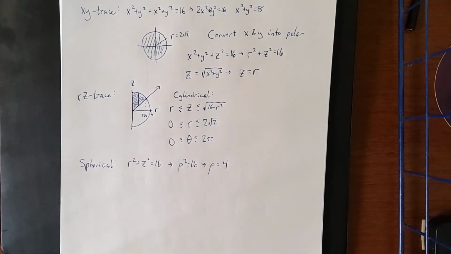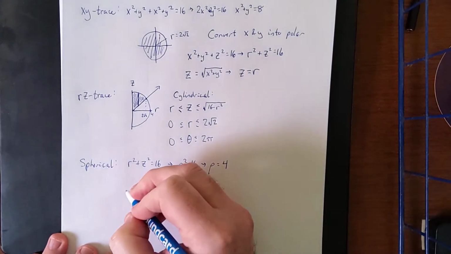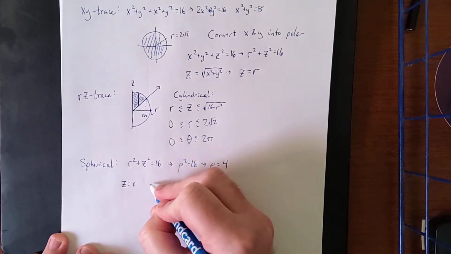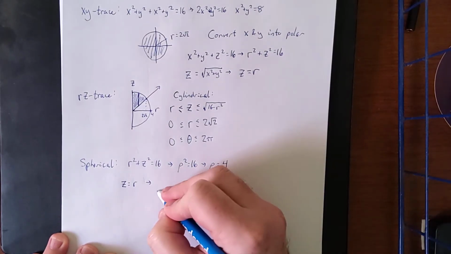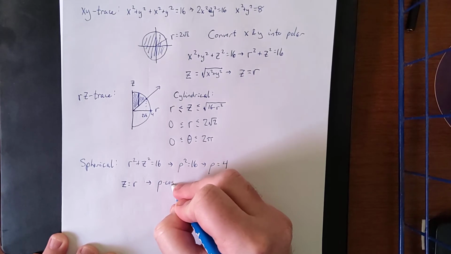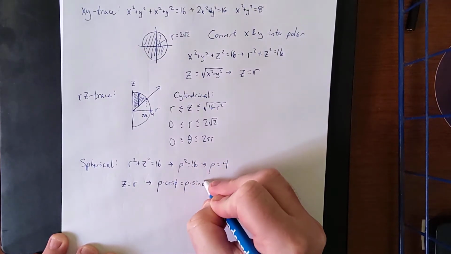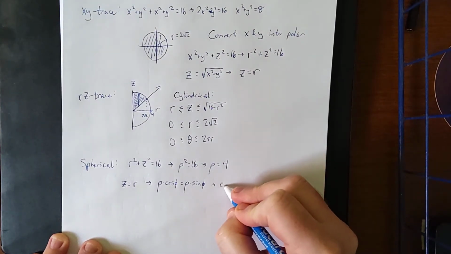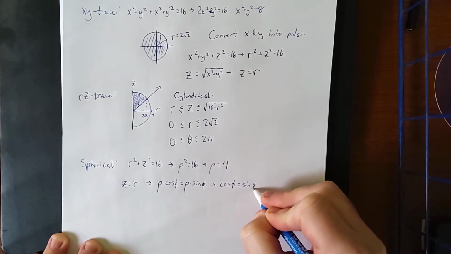Given that we started with a sphere of radius 4, hopefully that's not too big a surprise. We also had the cone, z equals r. Converting both of those into spherical coordinates, this would be rho times the cosine of phi equals rho times the sine of phi. Dividing both sides by rho gives us that the cosine of phi is equal to the sine of phi.